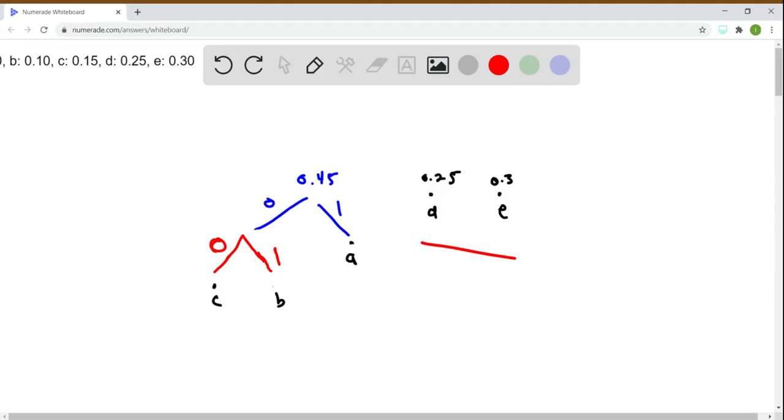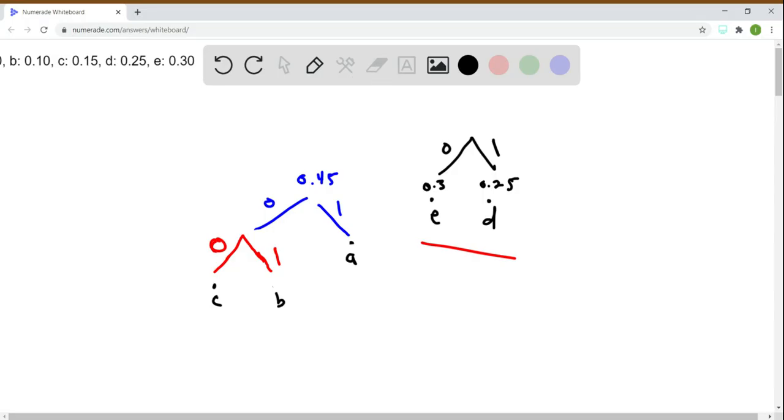And then again, remember, we want the largest frequency to the left. So that means we want to move D over here. Let me make that look a little bit different from my A. So D. And then remember, that means to the left we have 0, to the right we have 1.